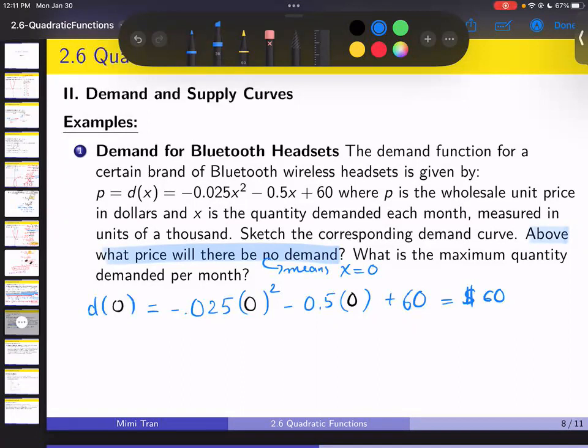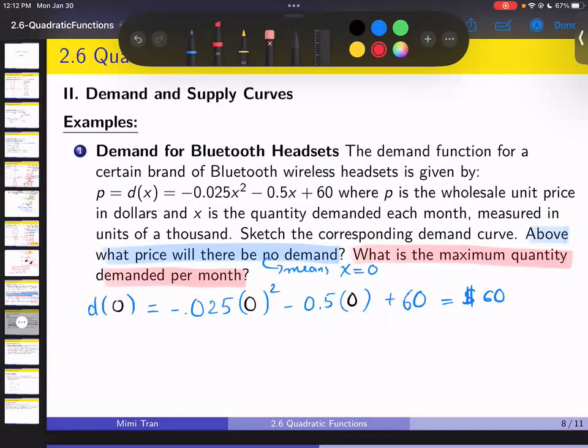So far, so good. Next question. What is the maximum quantity demanded per month? What am I looking for in terms of the graphing? What's the point called? The vertex, right? So we're looking for the vertex. Do I have to solve for both X and Y or just stop at X?